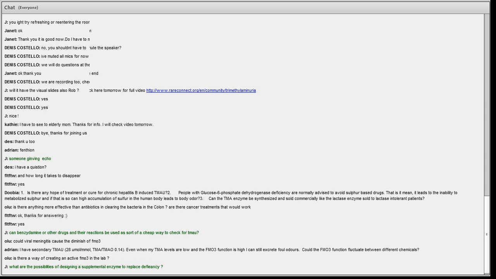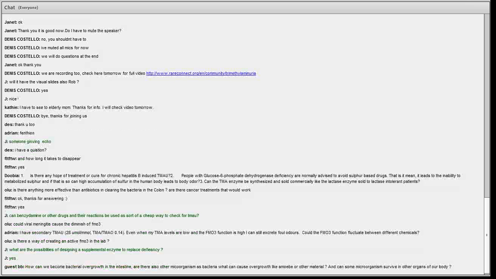If you have a deficiency in this enzyme, it's more difficult to produce glutathione, so it will be more difficult to metabolize or clear drugs that normally go via this pathway of conjugating them with this small glutathione molecule. So I think that's the main problem.